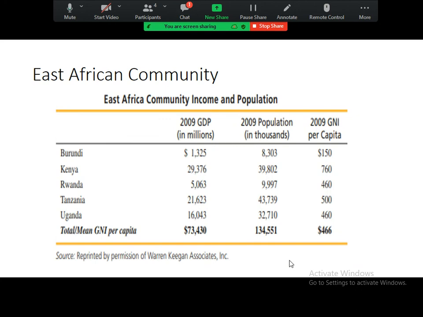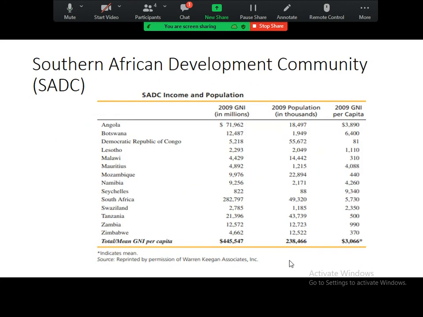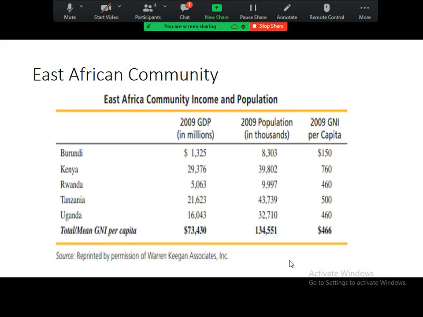East African Community is a small part that includes the countries like Burundi, Kenya, Rwanda, Tanzania, and Uganda. So Kenya, Uganda, Tanzania, Rwanda, and Burundi are the five nations that comprise the world's newest common market.